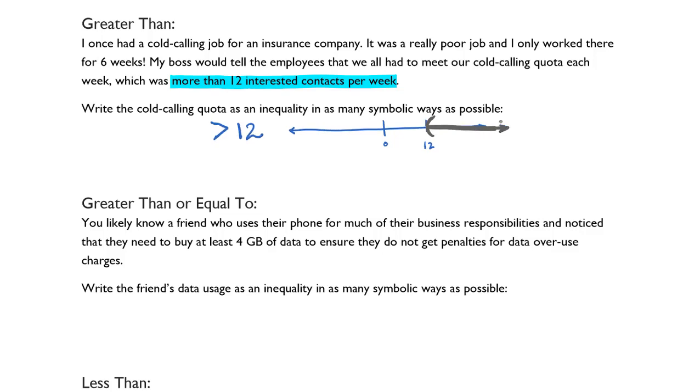I could also label this as, I'm going to write another number line. I'm just showing you all the different ways this same wording can be represented on a number line. You could also have an open dot, meaning not including 12, but anything to the right of 12.